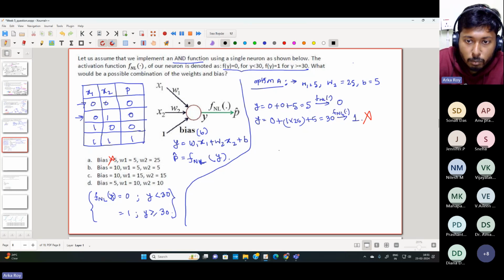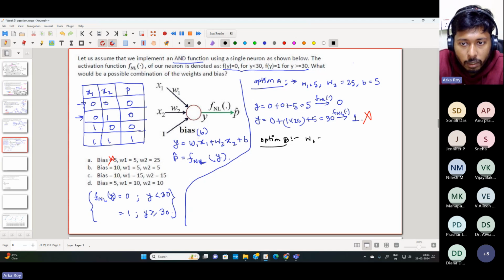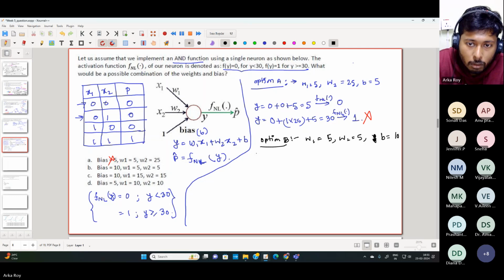So option A is incorrect. Let us move to option B. In case of option B, the values are W1 is 5, W2 is 5, and the bias is 10. Again, let us start with the 0, 0 case. It will be 0 plus bias, which is 10.